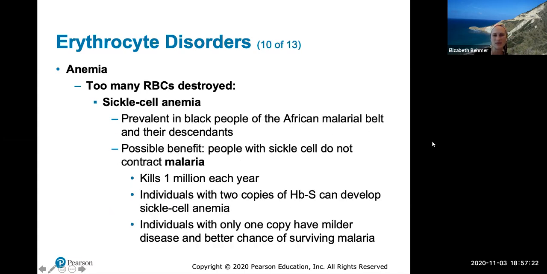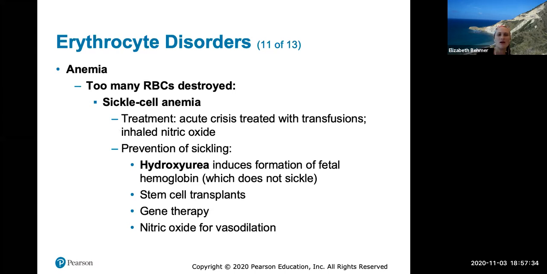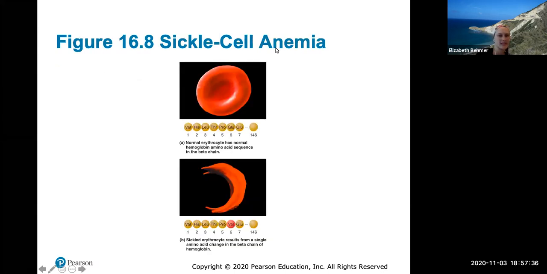Sickle cell anemia kills 1 million each year. A benefit is that people with sickle cell do not contract malaria for some reason. You can see the difference in the red blood cells in sickle cell erythrocytes. The erythrocytes basically look sick underneath a microscope.